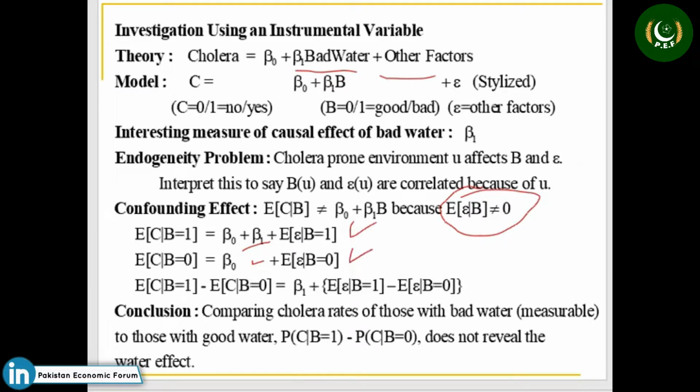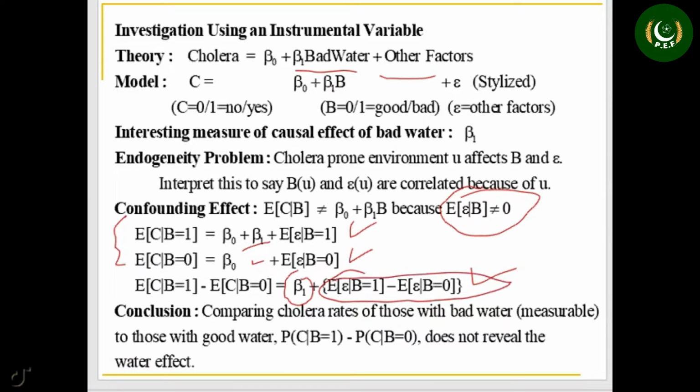When you take this difference, poor quality minus good quality, you get beta 1 as the difference between bad water and good water. But this term is not equal to 0, which means this is biased. Therefore the probability of cholera given water is good minus the probability of cholera given water is bad may be linked with some other factors.